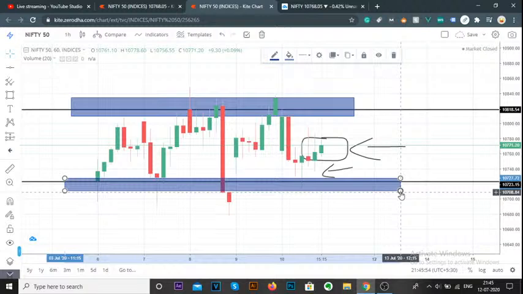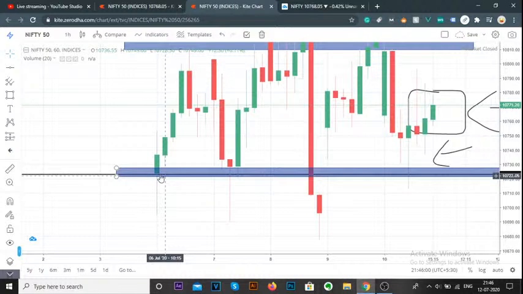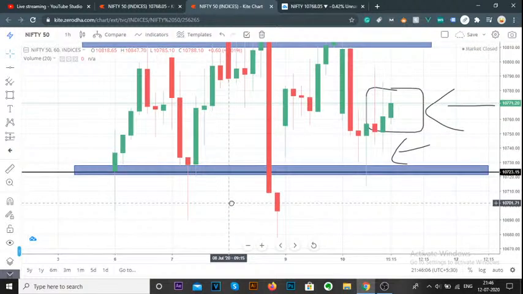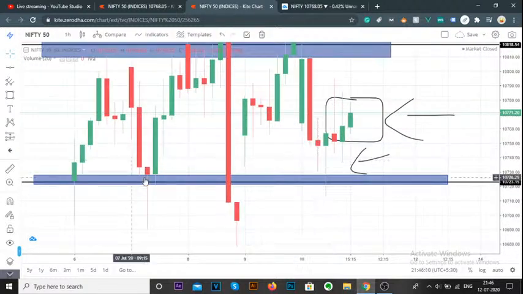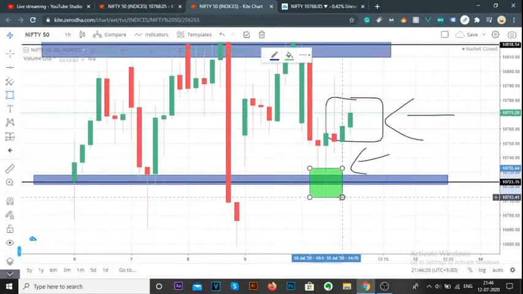This is the proper zone that I'm talking about, because that's the closing. So this zone I'm talking about, considering the closing of the candle. Whenever the price is here, it has to push up, and this is the best entry point for your trade when it comes to swing trading.